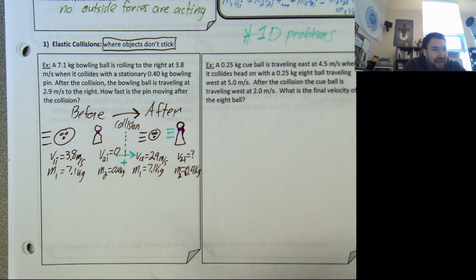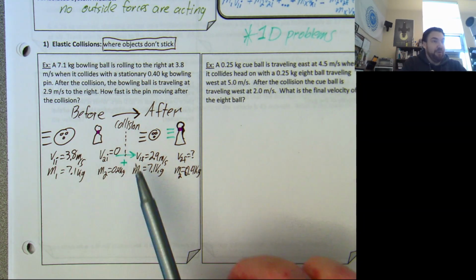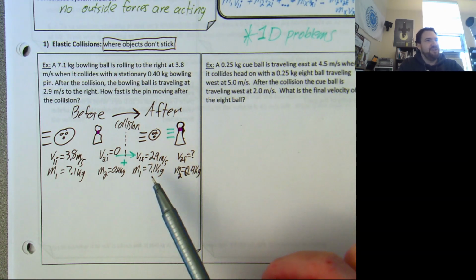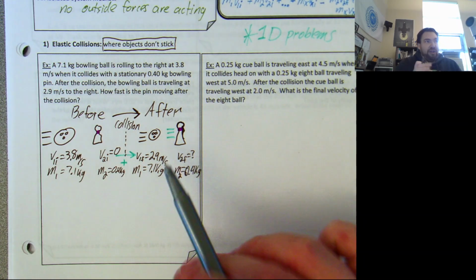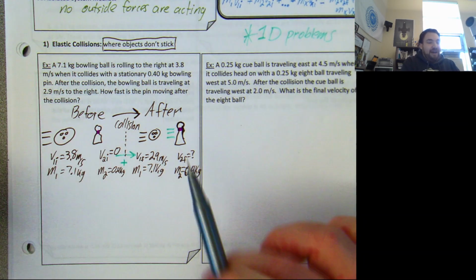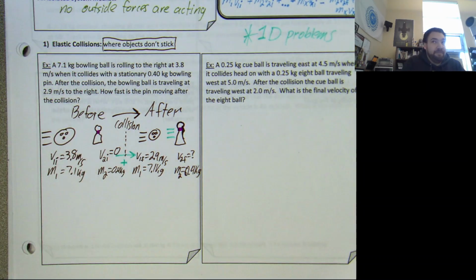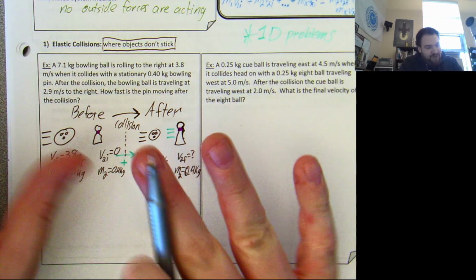And you need to do this for every object in the problem. Like if you were extreme bowling, where people are bowling at the same pins from opposite directions, that'd be fun, right? If we had another ball coming in to the right and they all hit at the same time, you'd have another object that we'd have to deal with. But right now, standard bowling, we only have 2.